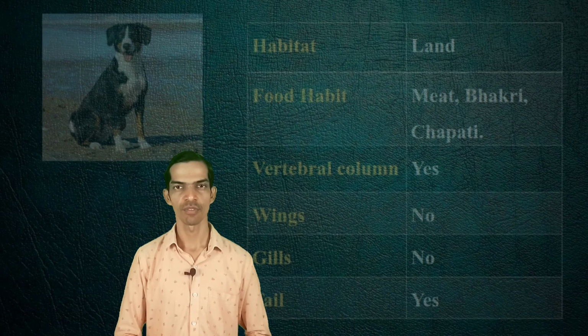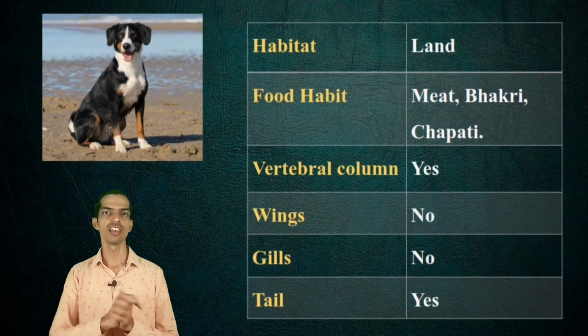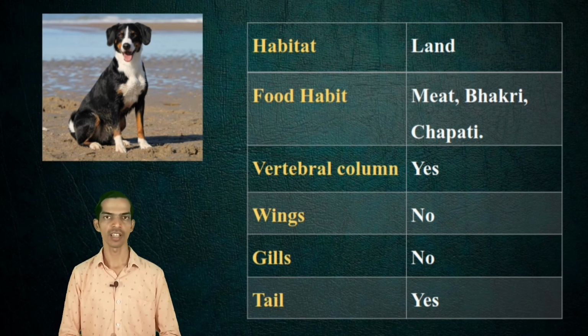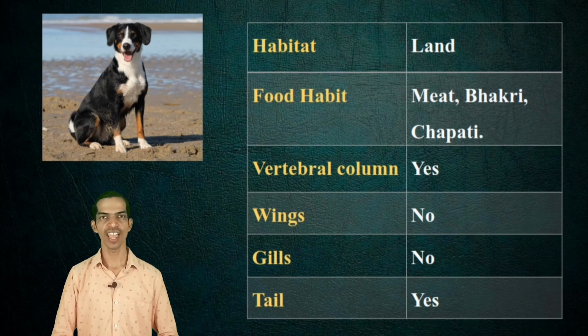Discuss the habitats, food habits, characteristics of the body structure like vertebral column, wings, gills, tails, etc. and prepare a chart. For example, dogs live on land. It feeds on foodstuffs like meat, bhakri, chapati. It has a vertebral column but does not have wings and gills.